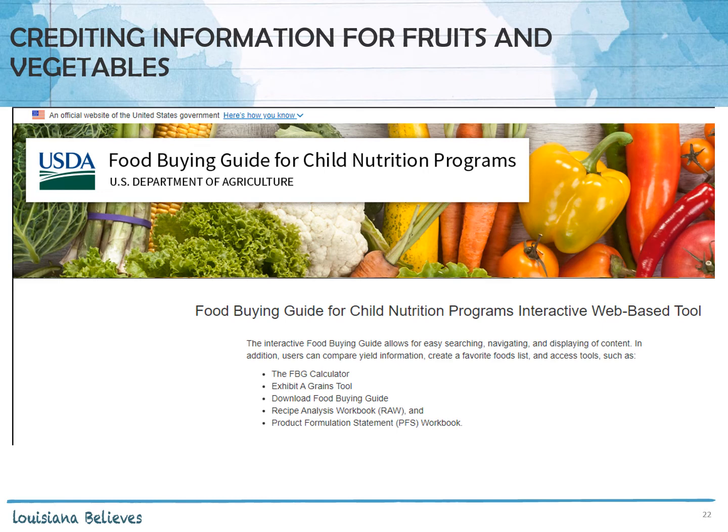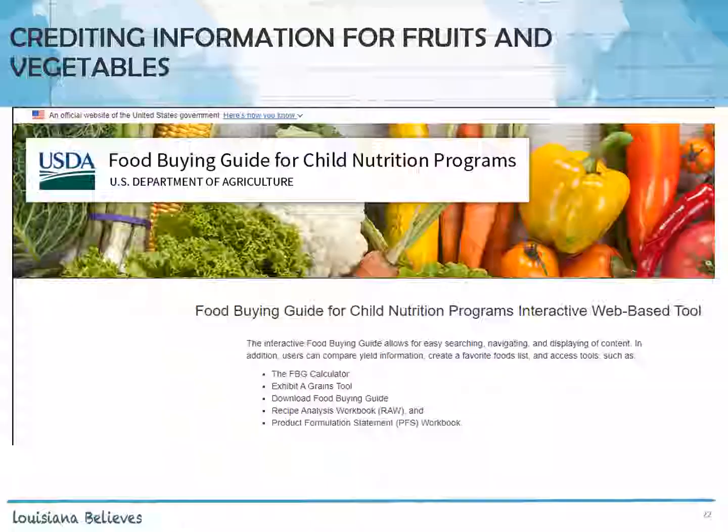The Food Buying Guide tells us that a 138 count orange equals a half cup of fruit, and a 125 count orange or a 113 count orange equals 5/8 cup of fruit. The Food Buying Guide also tells us that there are no whole oranges that provide 1 full cup of fruit.